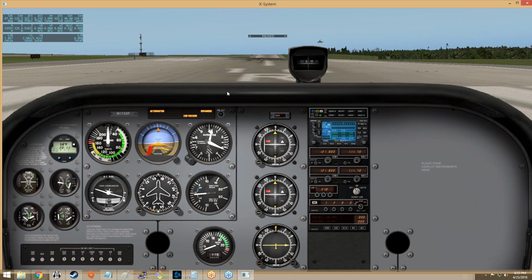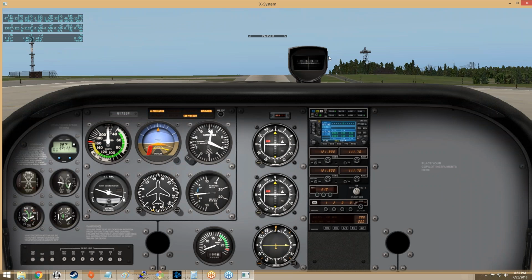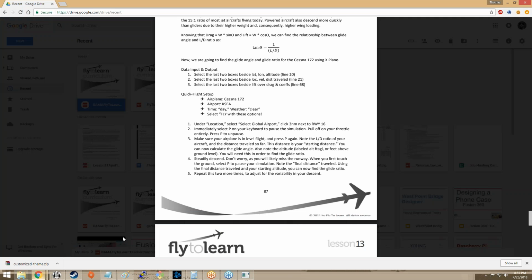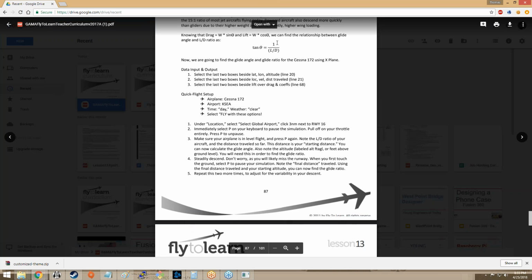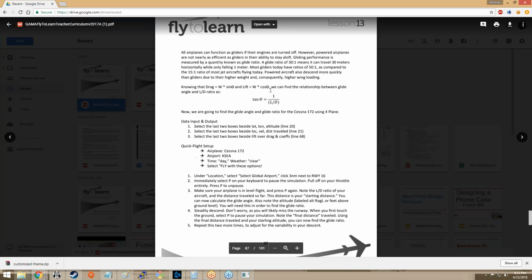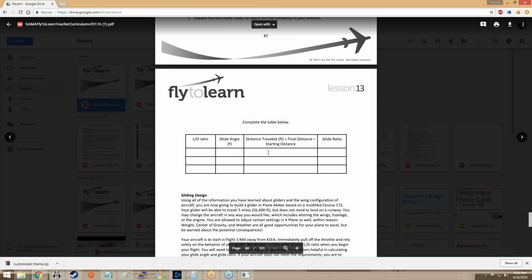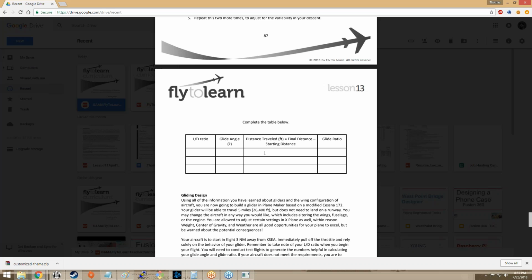What you're supposed to be doing with this experiment is just figuring out the ratio of horizontal travel to vertical travel, because if you can do that, then you can figure out exactly what your glide ratio is.